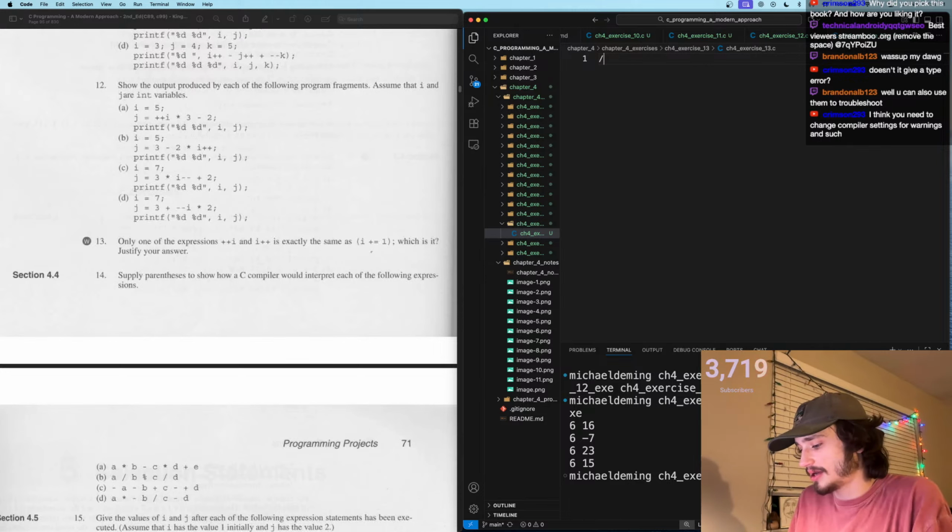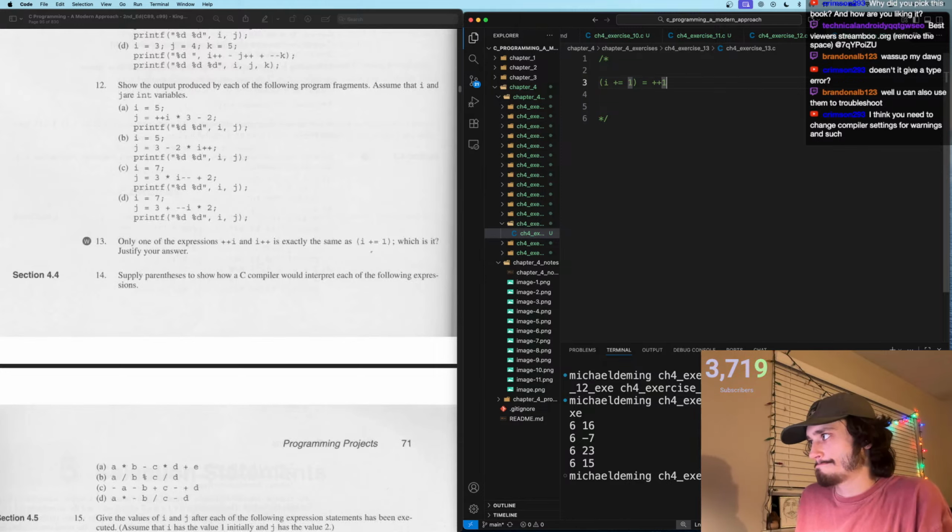Okay, I think that I += 1 is equal to ++I. I say this because ++I is prefix incrementation. So the I variable is increased by 1 in line.